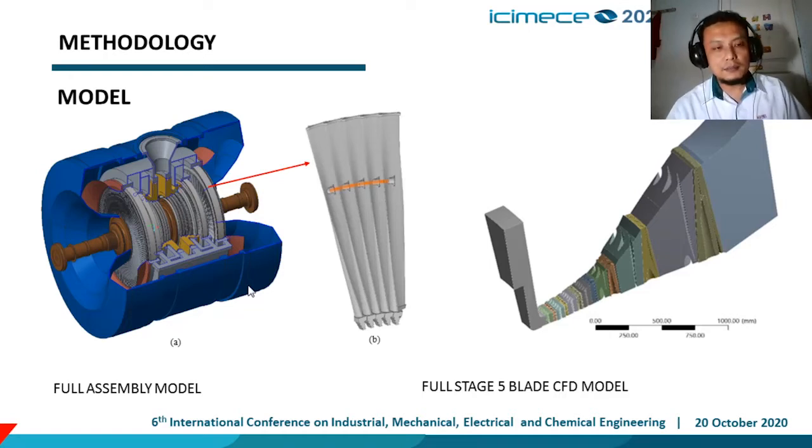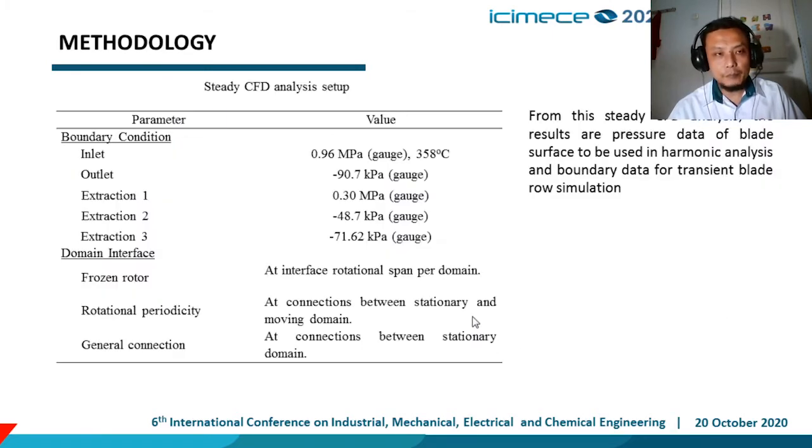This is the model of steam turbine low pressure tandem compound, but for CFD analysis, to reduce resource in ANSYS, we just use a full stage 5-blade CFD model. This is CFD analysis setup.